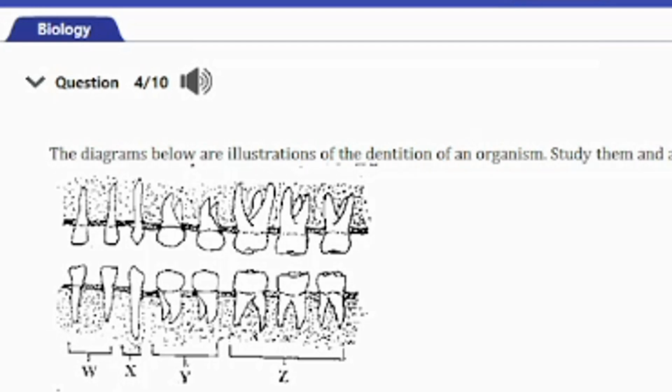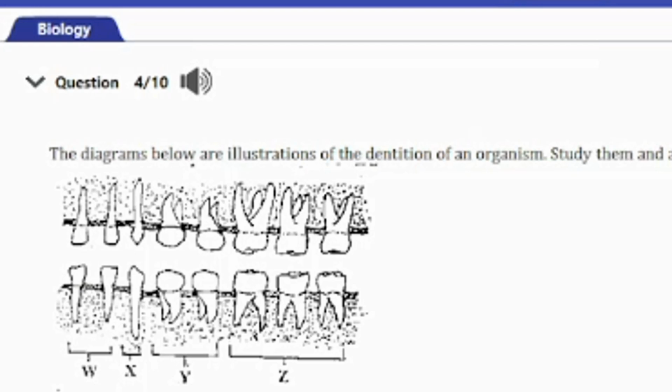The answer to this question is option B, tearing and grasping. The teeth labeled X is the canine teeth, and its main function is for tearing and grasping. So that's the answer to this question.